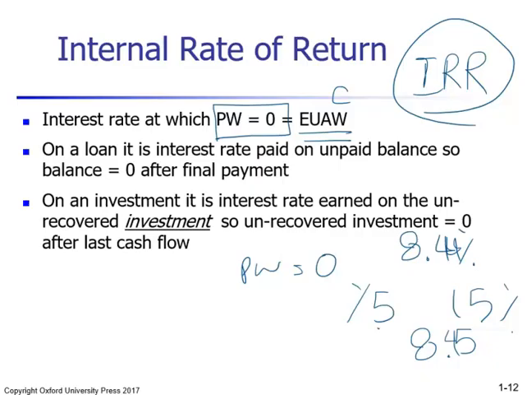No matter whether you are using it for a loan or for an investment, there are some nuances that hopefully we will cover if we get time, but the logic is the same. In the loan, you are paying the interest on the unpaid balance, and for an investment, you are receiving the interest on the unrecovered investment.